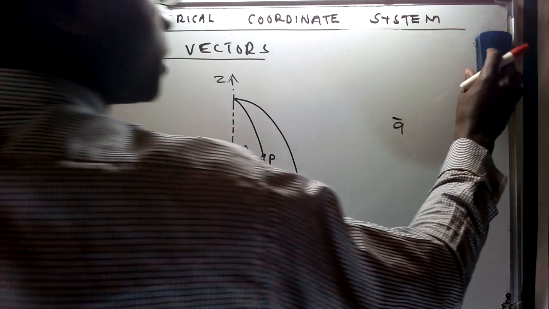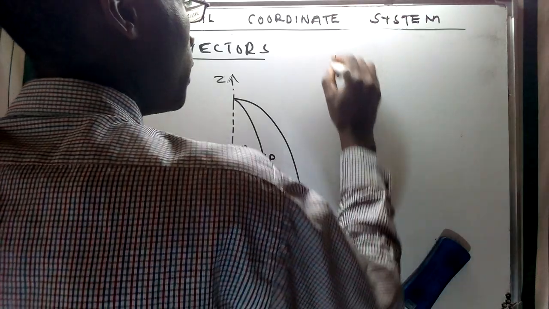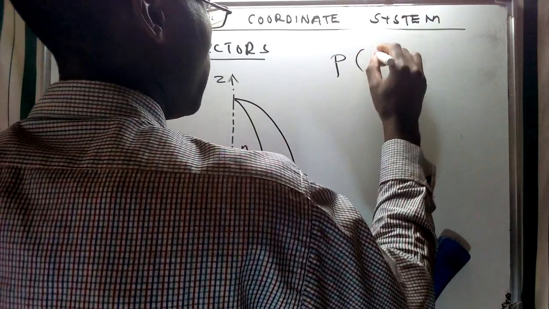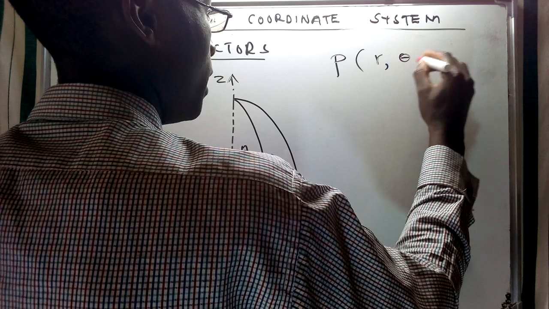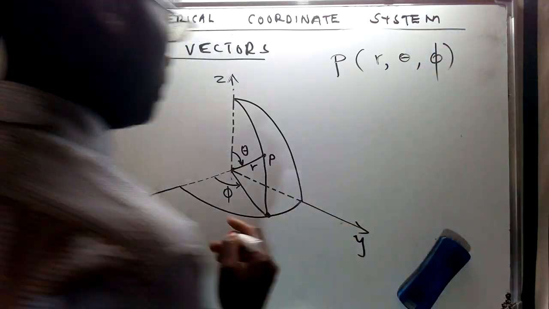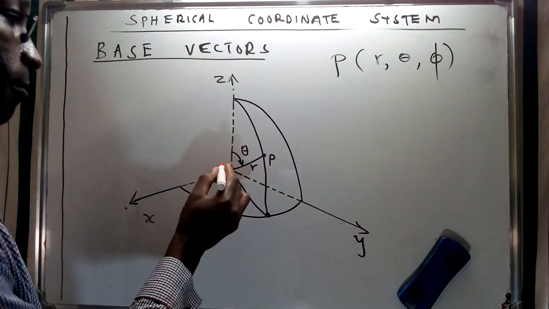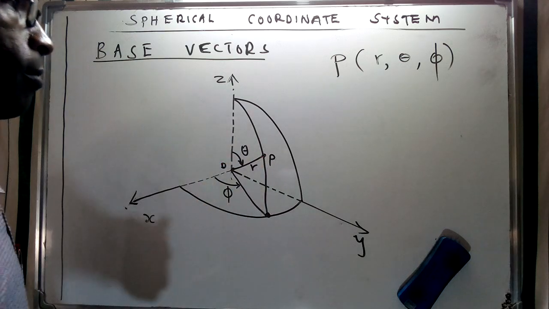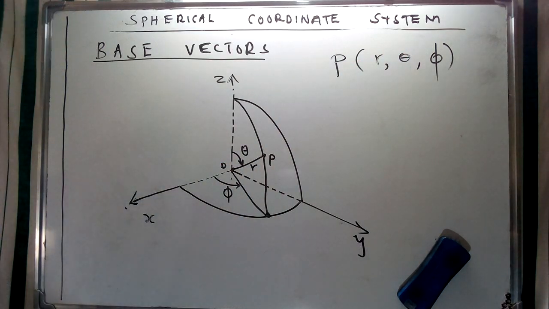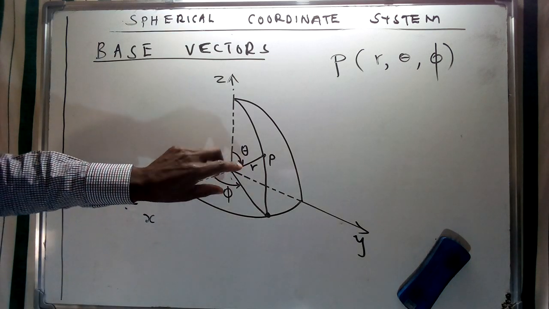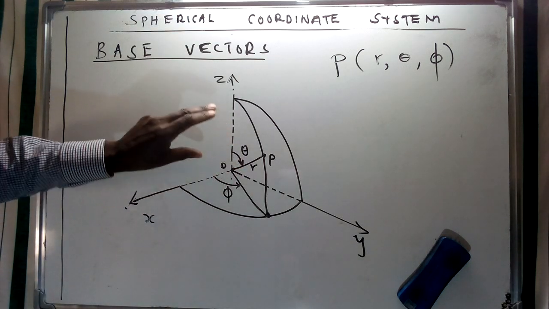We said that we can denote a point in the spherical coordinate system using the radius r, then theta, and then phi. Here r represents the radius from the origin to the surface of the sphere, and theta is the angle subtended by the right cone that we gave in our first case for the definition of a spherical coordinate system.